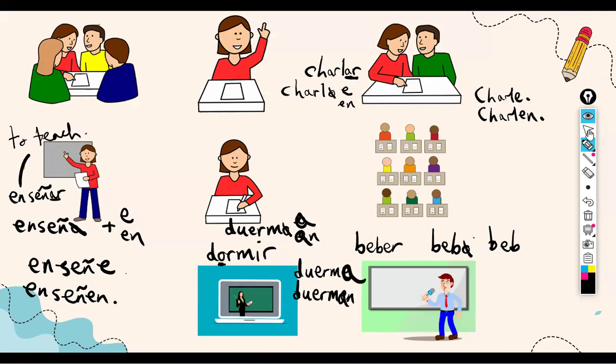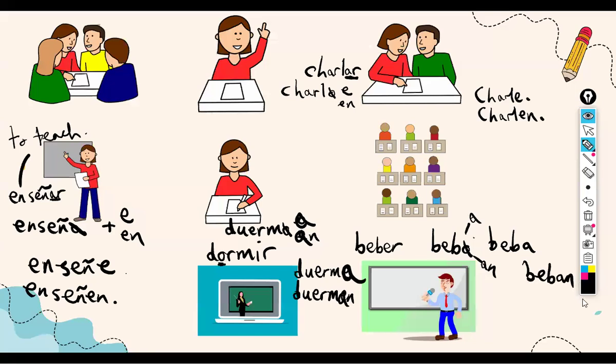Perhaps you all were telling me that in the chat and I didn't check it as yet. Right. Duerma, duerman. Very good. Beba, beban. Right? So ER verbs, we add the AR endings, which will be A for usted and AN for ustedes. So beba, beban.